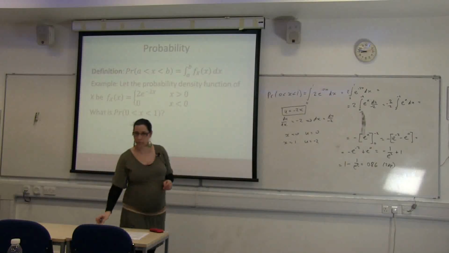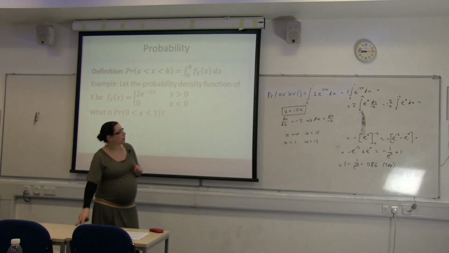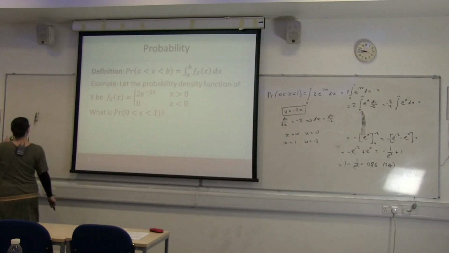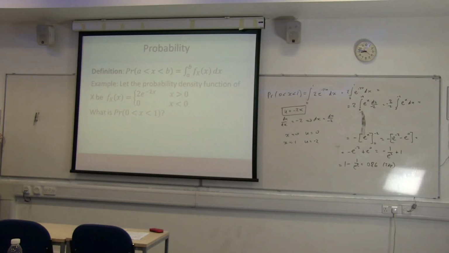Now, I could have done it a slightly easier way. So the integral from 0 to 1 of e to the minus 2x dx. If I look at e to the minus 2x just as a function, if I needed to differentiate that, it would be e to the minus 2x times minus 2.